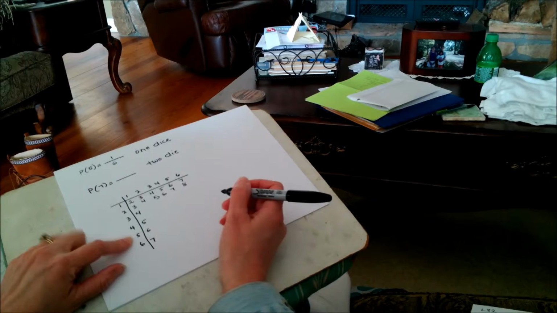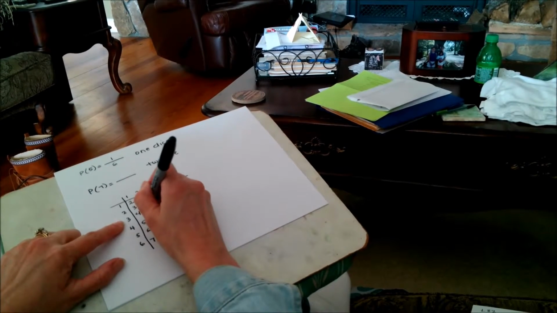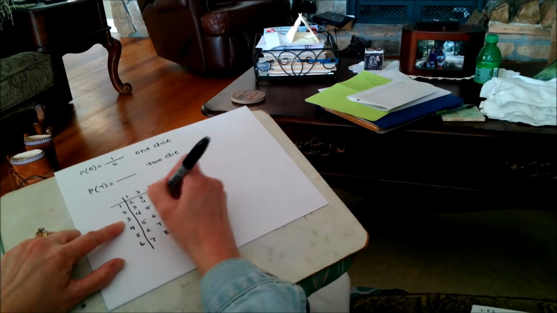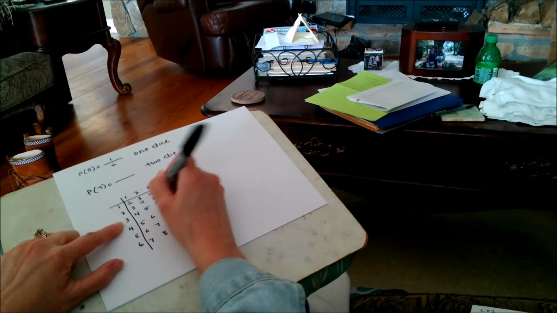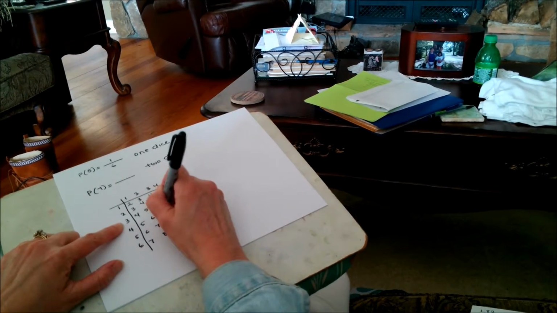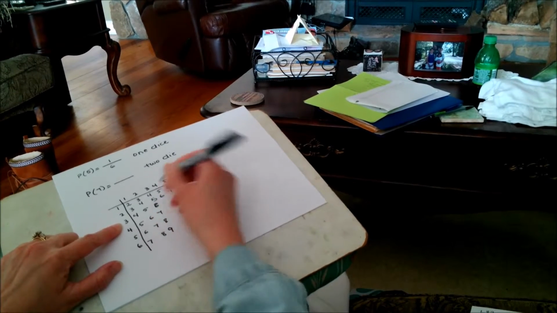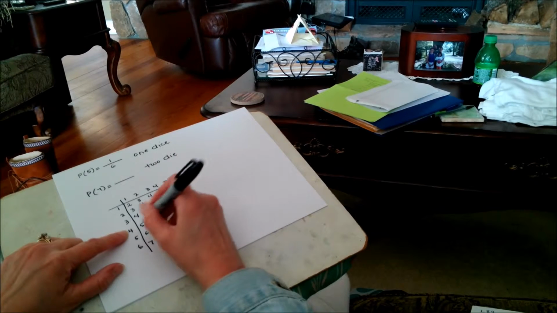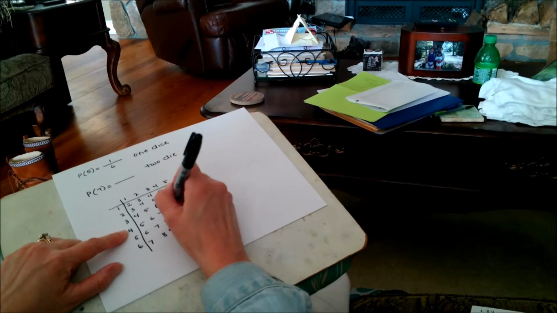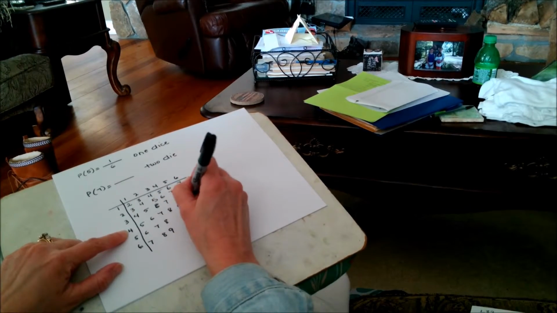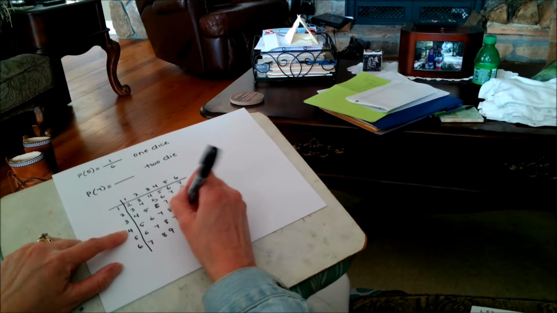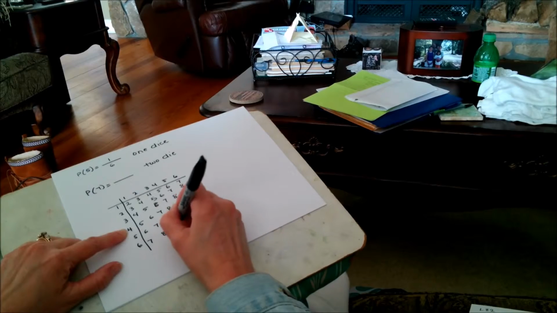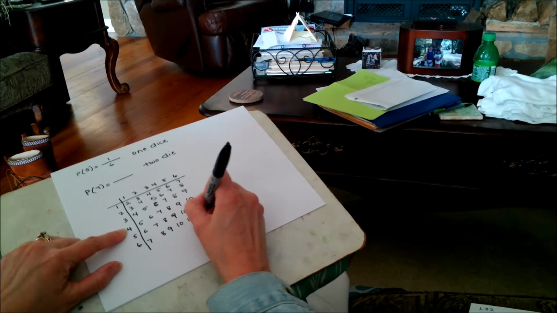A 3 and a 2 gives me 5. A 3 and a 3 gives me 6, and so on, up through 9, 10, 11, 12.